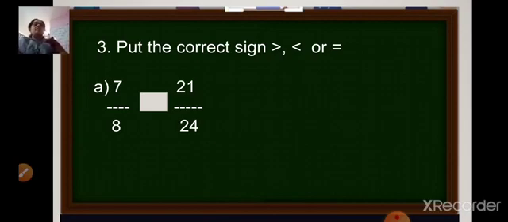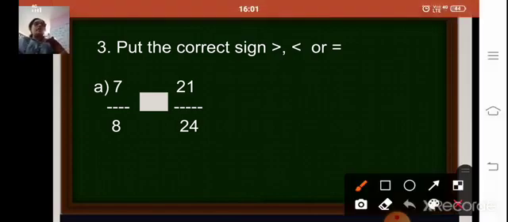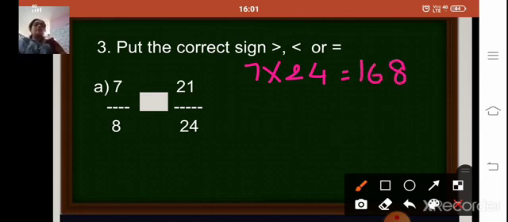So first you will cross multiply 7 into 24. Now when you multiply 7 into 24, you get the answer as 168. Yes. The second, 8 into 21, you get the answer as 168.